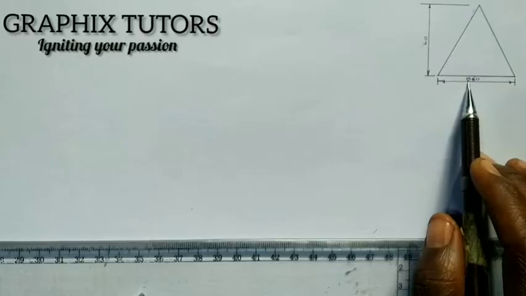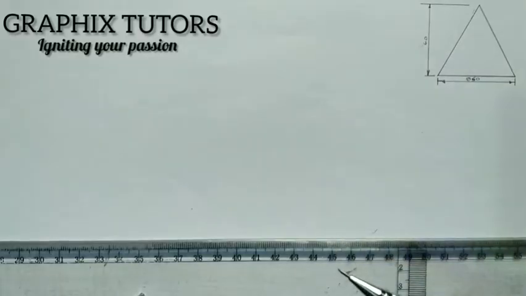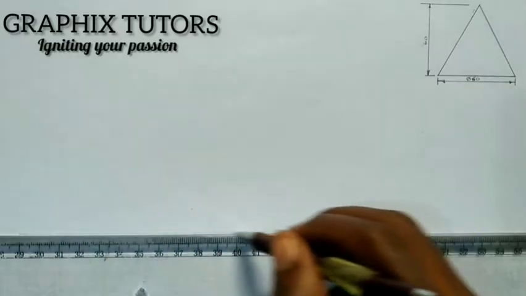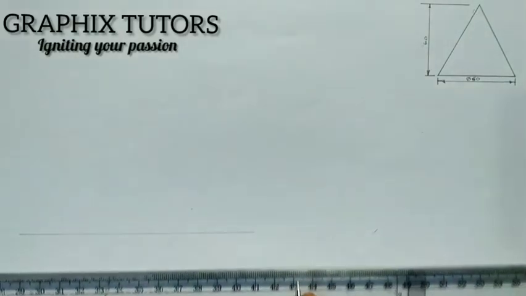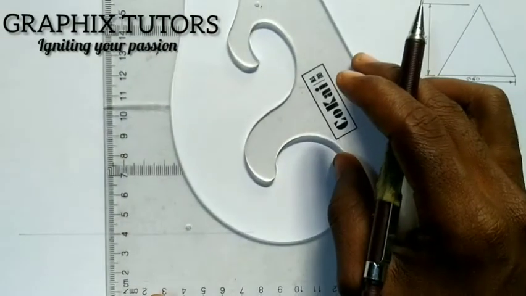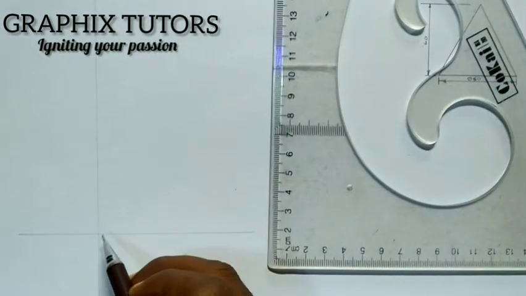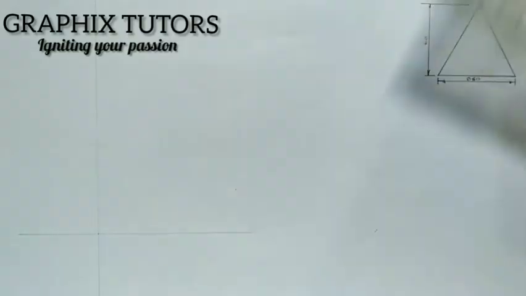So when you want to draw, like I said earlier, the first thing you do is draw your horizontal line, right? And you draw your vertical line also this way. The point where they meet should be your reference point.